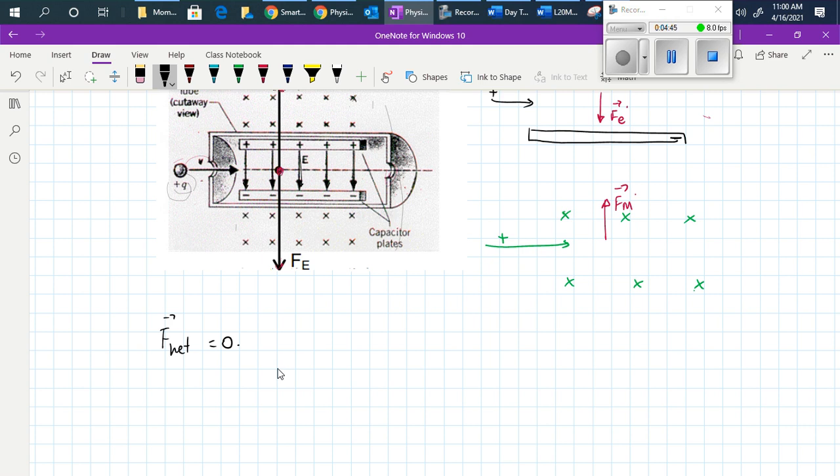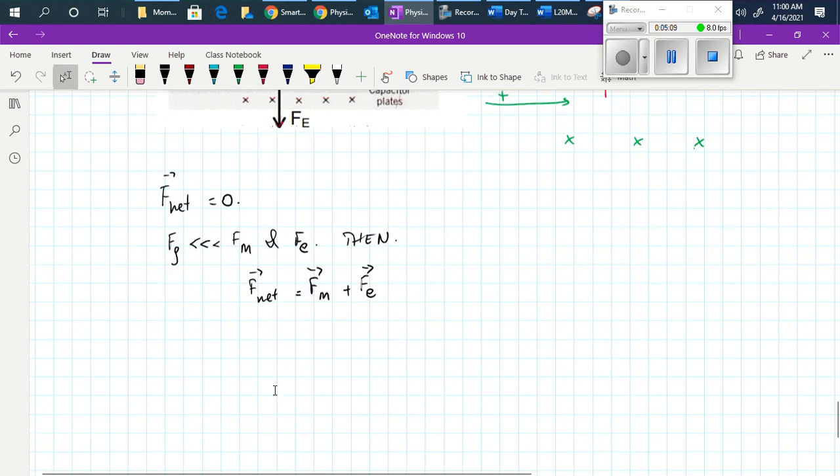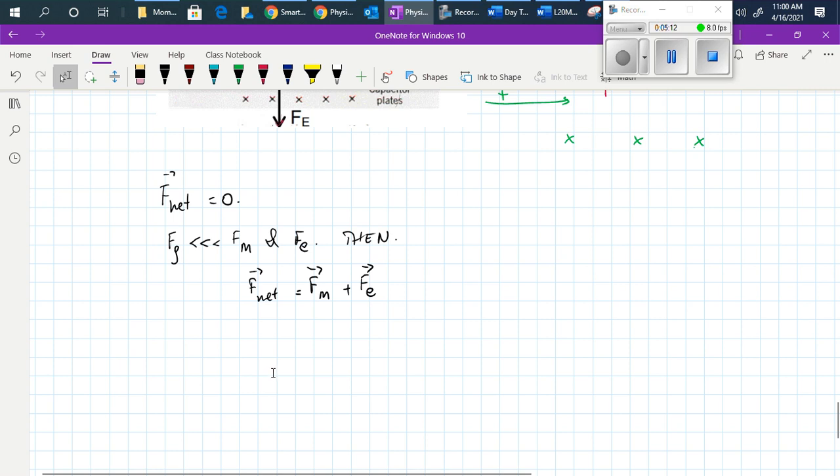Now again, since the gravitational force is way smaller than both the magnetic force and the electric force, we can say that the only forces the object is experiencing are the magnetic force and the electric force. So if the charge is moving undeflected, that means those two are equal to each other in magnitude but opposite in direction.